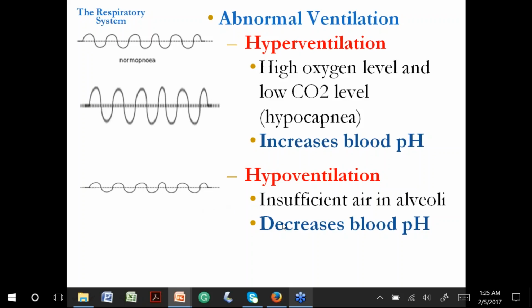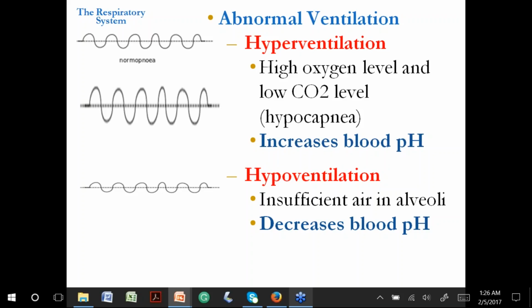Hypoventilation is going to decrease the blood pH. When you have hyperventilation, you have more alkaline blood. All right, so look at this. When you have more carbon dioxide in your blood, that means if you close your nose and your mouth for 30 seconds, you start to increase the carbon dioxide in your body, correct?